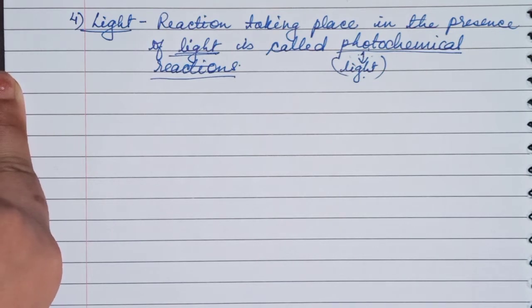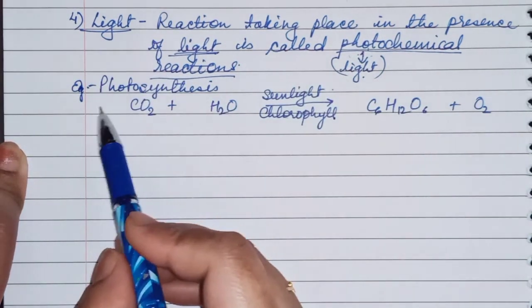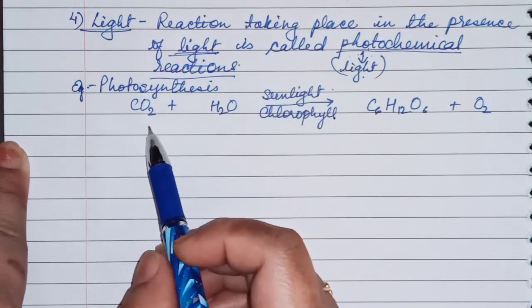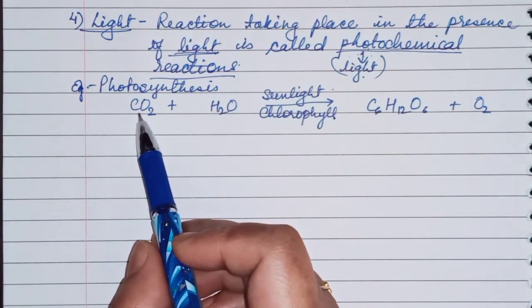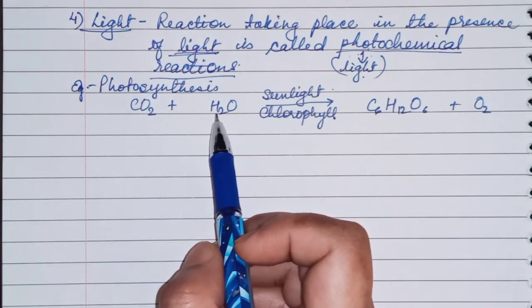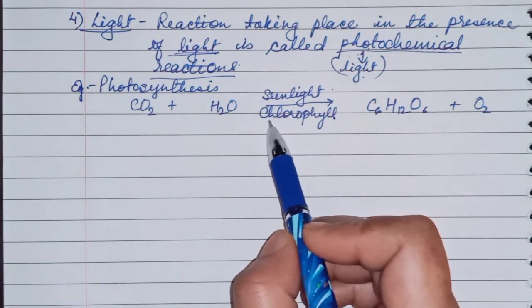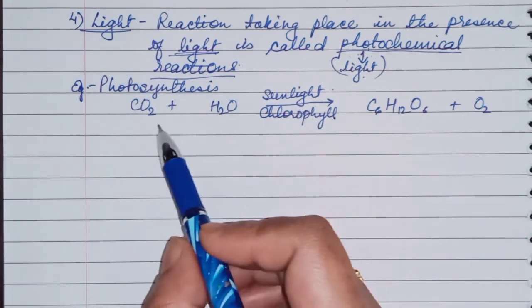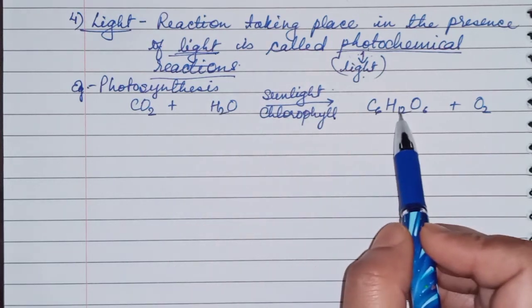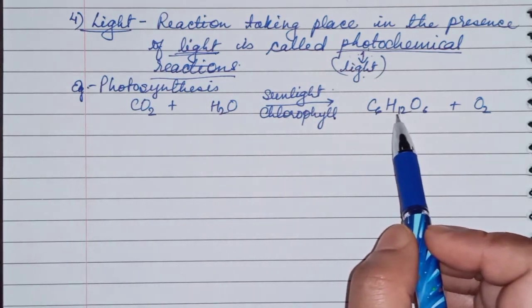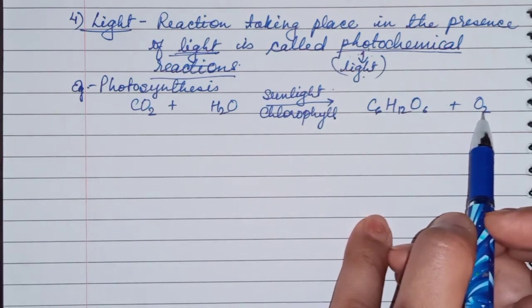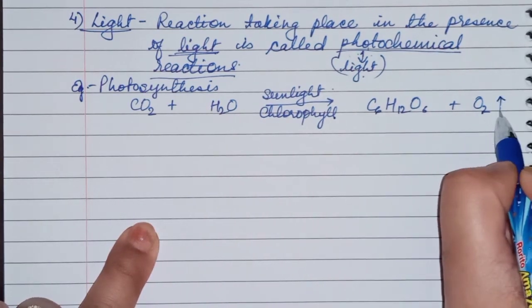You all know photosynthesis. It takes place in the presence of sunlight. An example is photosynthesis. In this process, which takes place in green plants, plants consume carbon dioxide and water, and with the help of chlorophyll and sunlight they convert them into glucose, C6H12O6, and release oxygen gas outside.